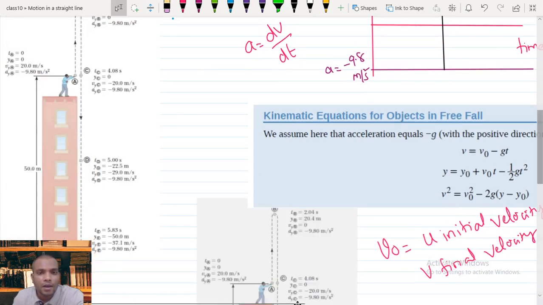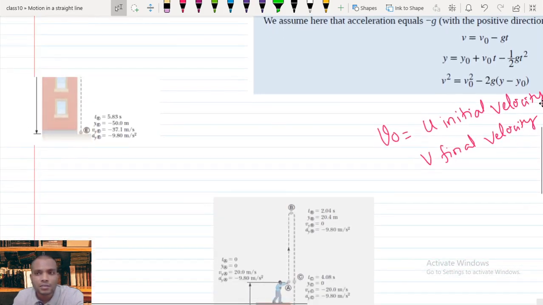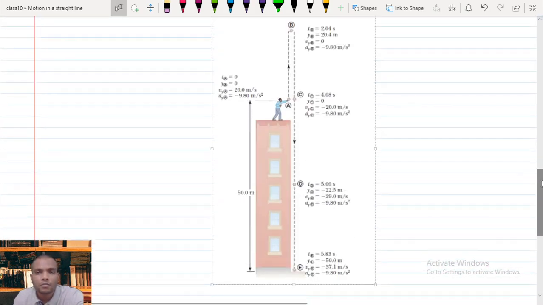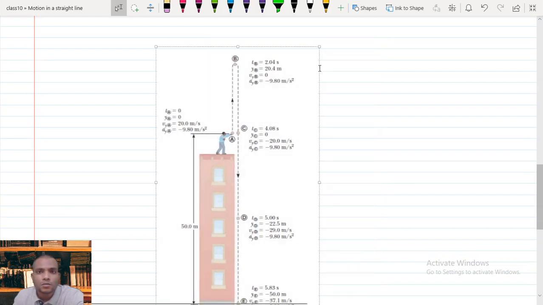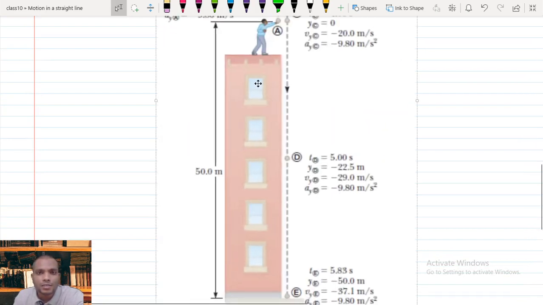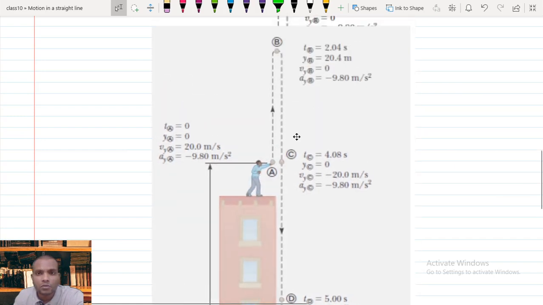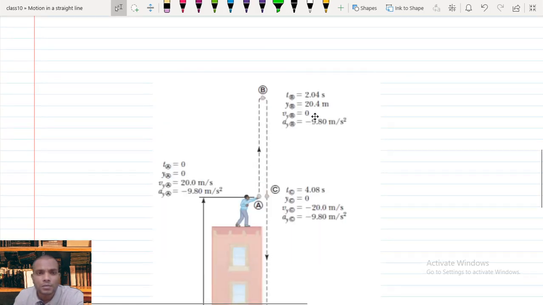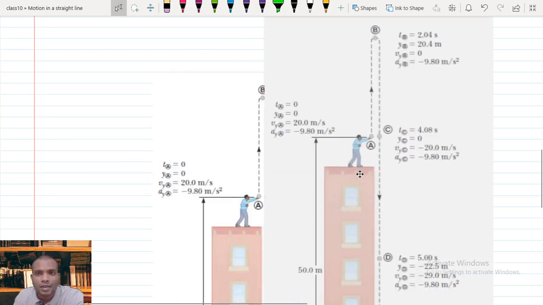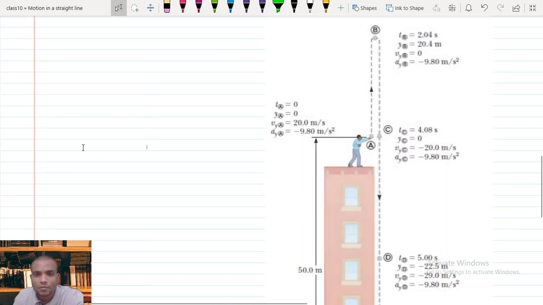Here I have a condition of free fall. This tells about three values: displacement, velocity and acceleration. During the free fall motion, this is a situation when an object is thrown from a vertical building of height 50 meters.